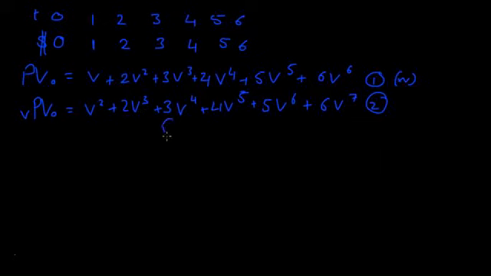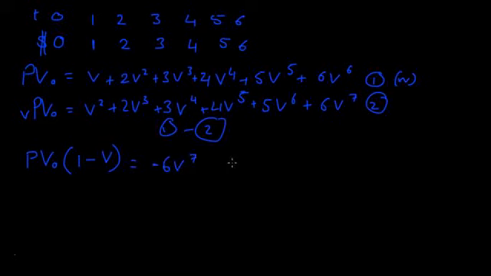So let's do equation 1 minus equation 2, as we did in the previous ones, and let's just factorize earlier, just because we've done it so many times. 1 minus v is going to be equal to... So let's start with the term with the highest power, since we're subtracting the second equation, so let's start by minusing 6v to the 7.